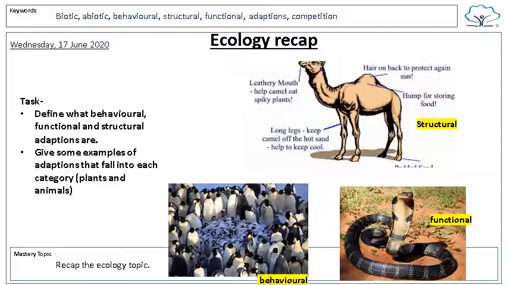So a structural adaptation basically is any feature which gives an organism an advantage. So it's any physical feature which is going to give that organism an advantage. So if I'm looking at my camel, I've labelled all of the structural adaptations there because I can physically see them, and they are giving that organism an advantage in its environment.